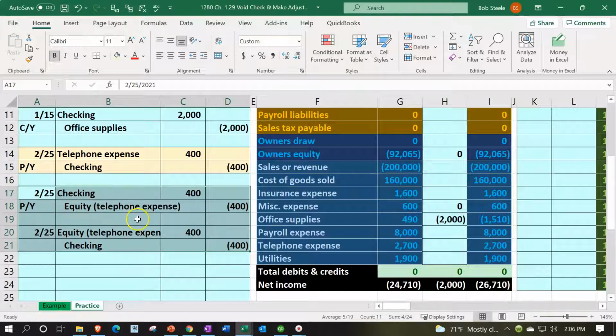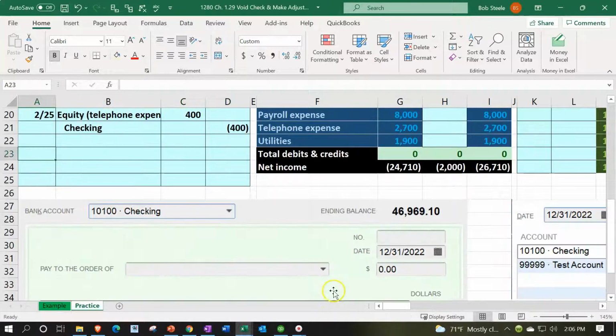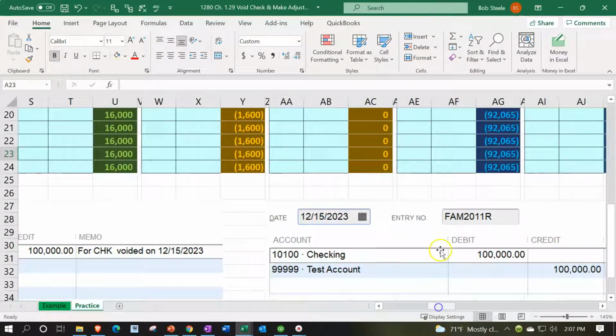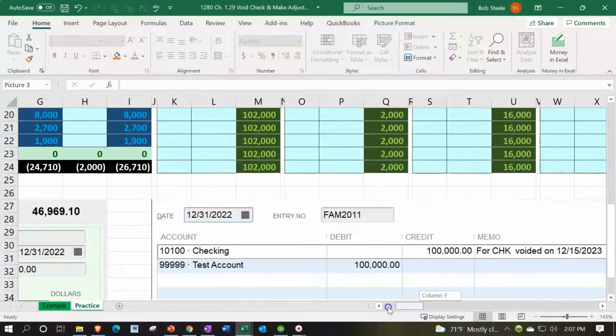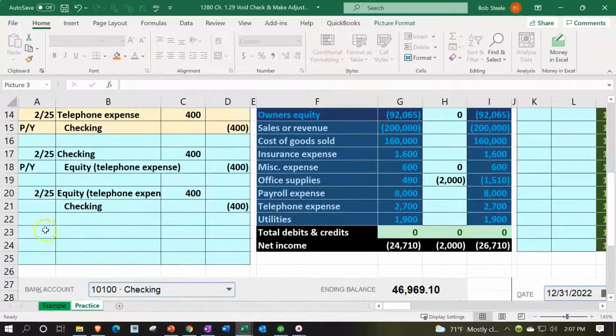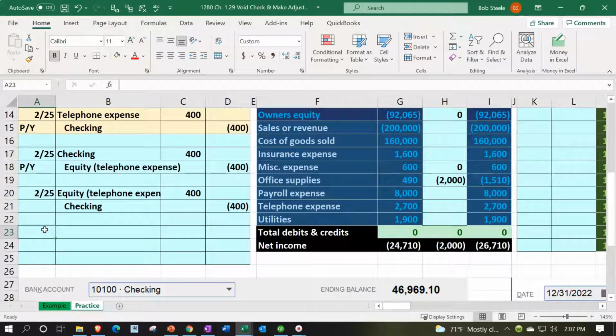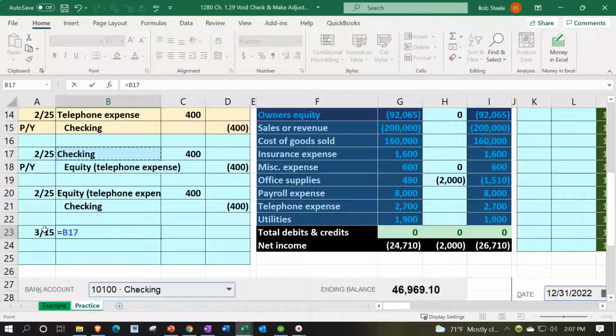And then I'm going to record another transaction, which would be this final transaction over here in the software that might do that automatically for you, which will record it in the current time period. So now I'm going to say in the current year, let's say it's 3/15 that we determined that this check needed to be voided. I'm going to record it again, which is in essence going to be the checking account for the $400.